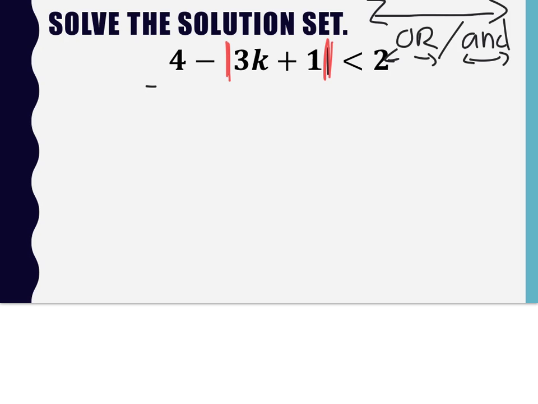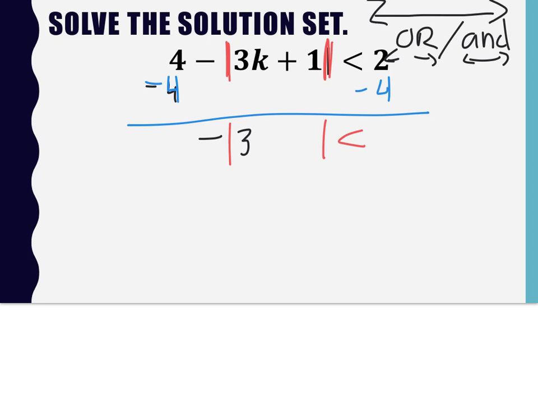So right now I need to move the 4. I want to use blue. We're going to move the 4 to the other side, and we get negative. We still have our absolute value bars, and this sign is still the same. 3k plus 1, and then this is a negative 2.